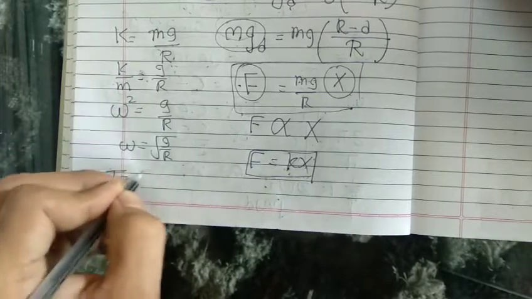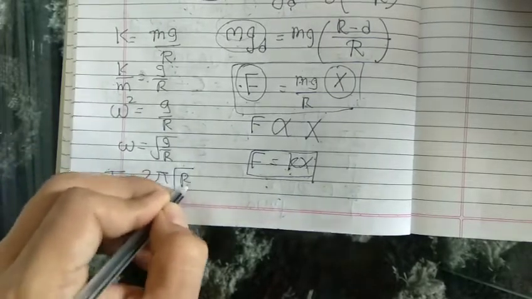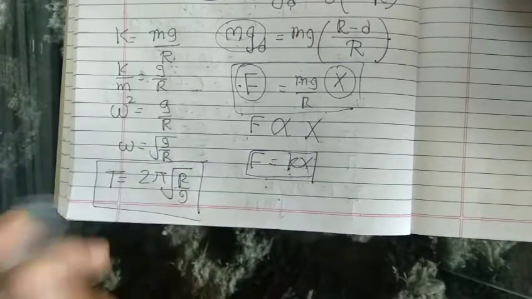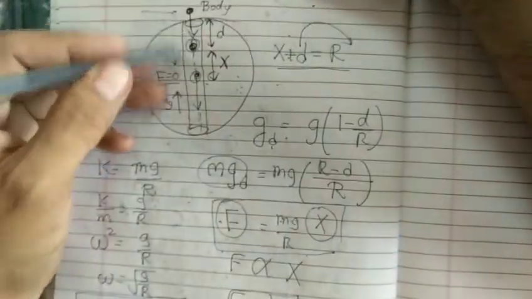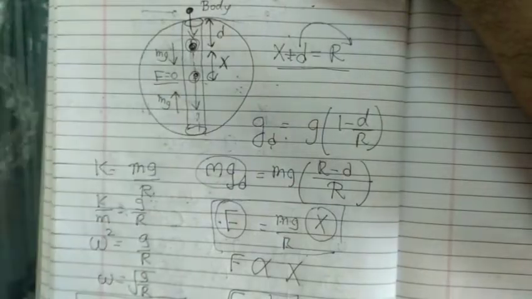Using that, T will come 2 pi root of R by g. This is the formula for the time period of oscillation of this body inside the tunnel.